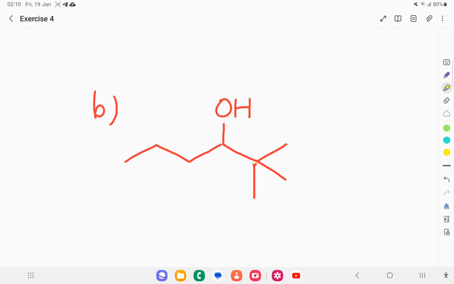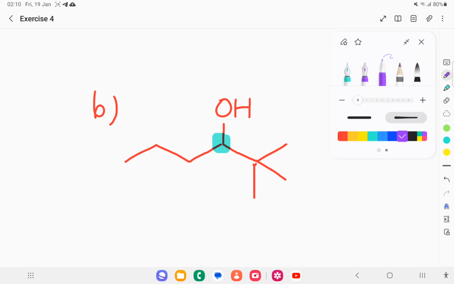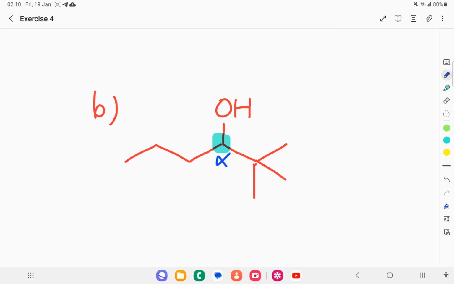I'll highlight the alpha carbon with the blue highlighter. The carbon bonded to OH is the alpha carbon. And then the beta carbon is the carbon bonded to the alpha carbon. I will highlight it using the yellow highlighter.